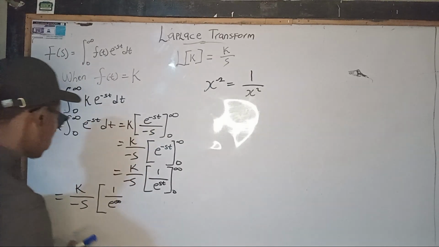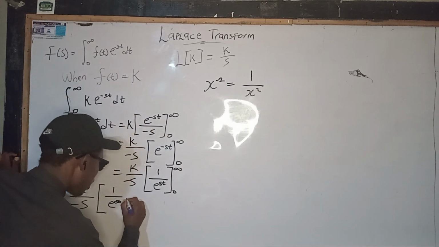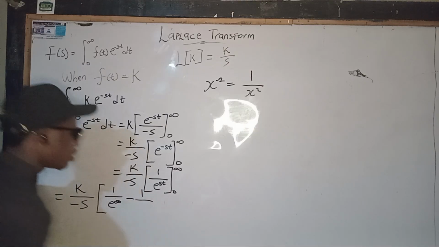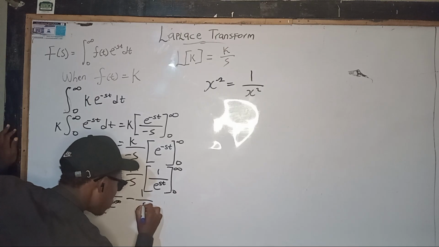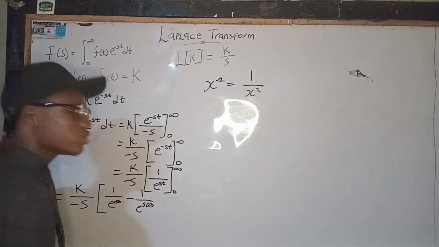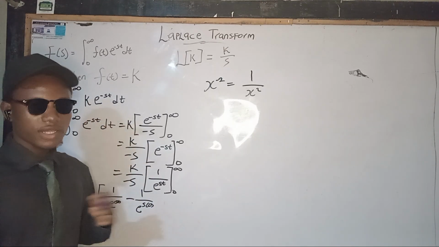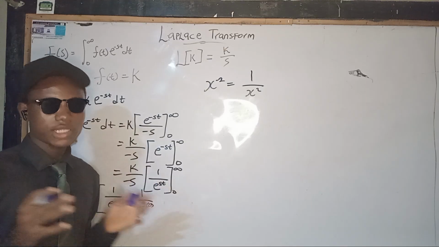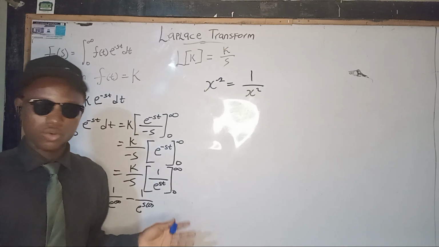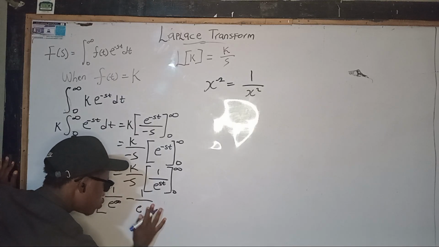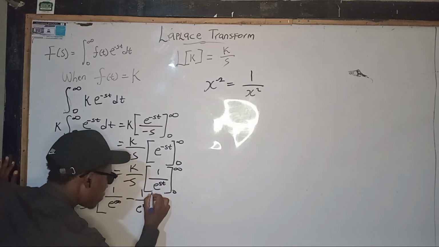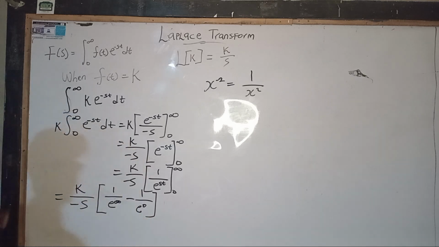And now moving to the zero, we have minus 1 over e raised to s times 0. But we know that s times 0, whatever times 0, 10 times 0, 200 times 0, is equal to 0. So we can easily take the shortcut of putting e raised to power 0 in this place.